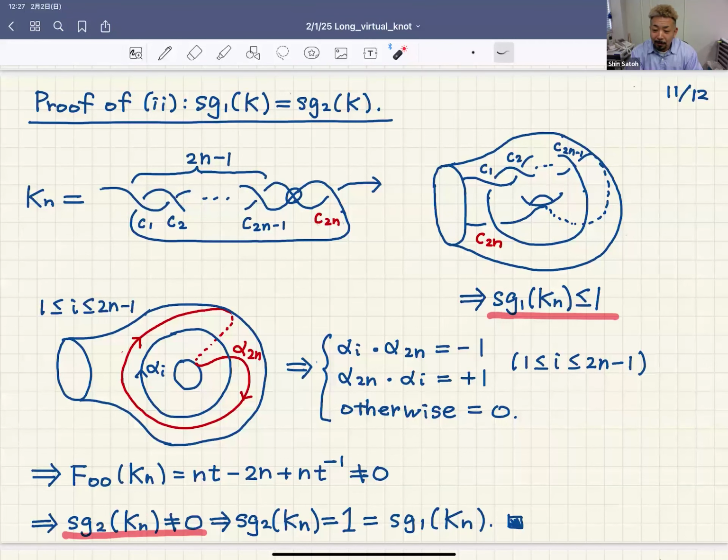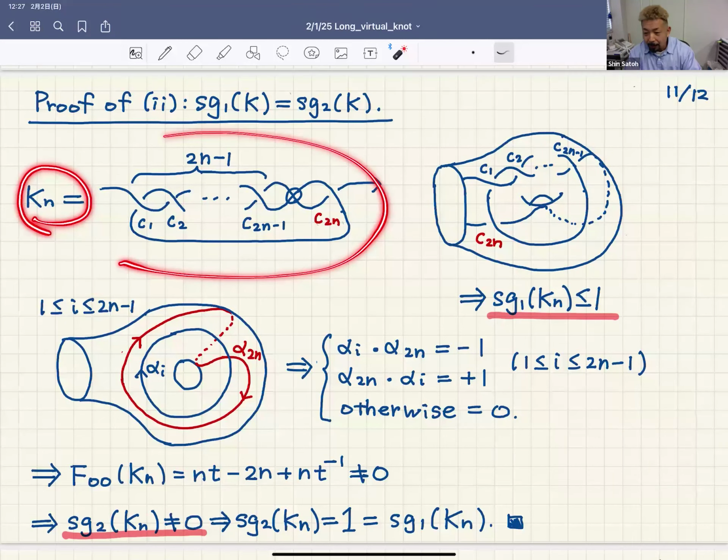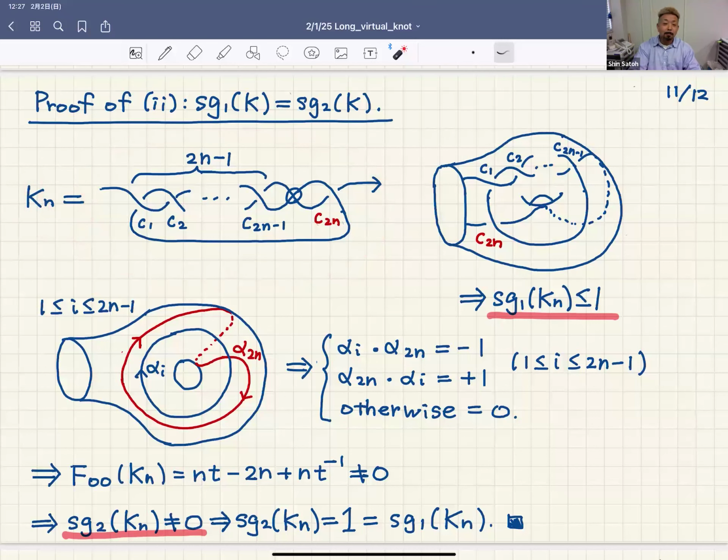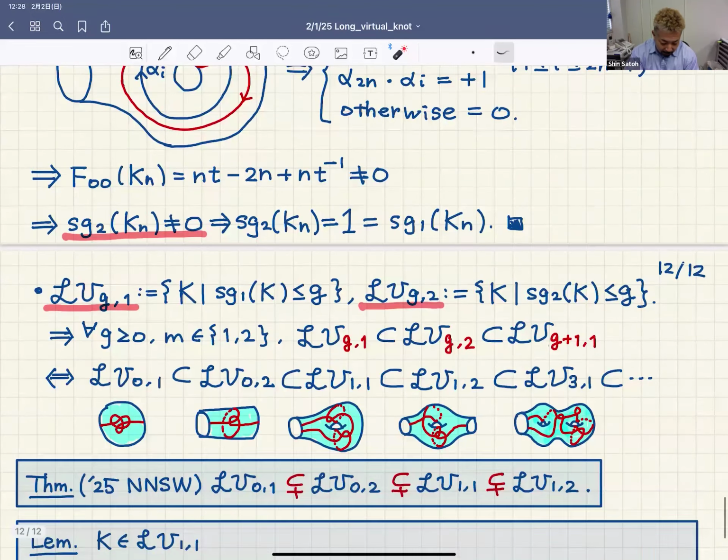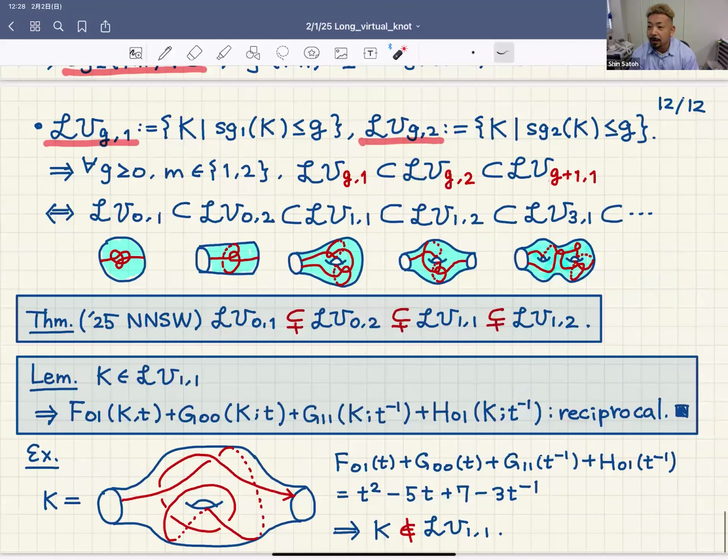So the one supporting genus and the two supporting genus of this virtual knot Kn are both equal to 1. Finally, we consider filtration. Yes, this is the last page.